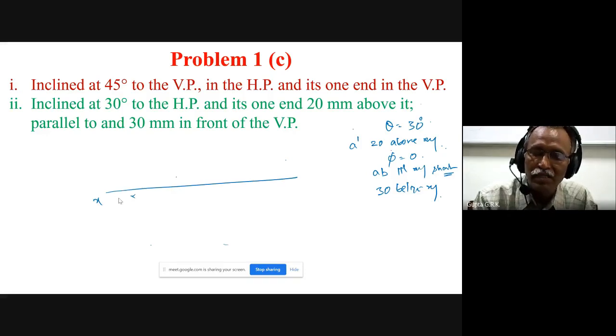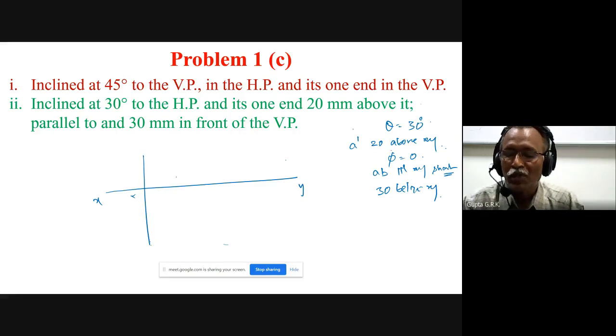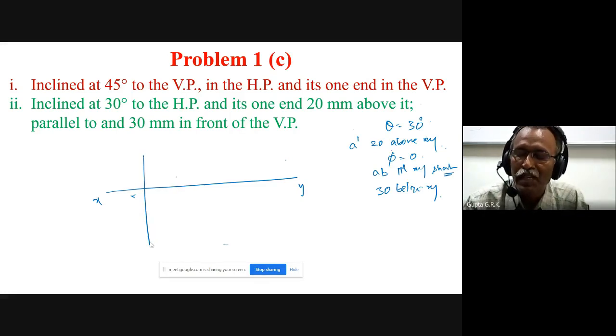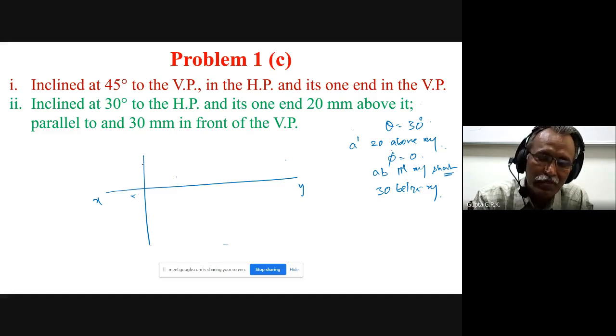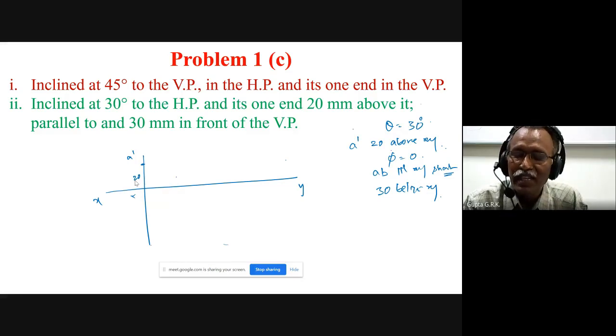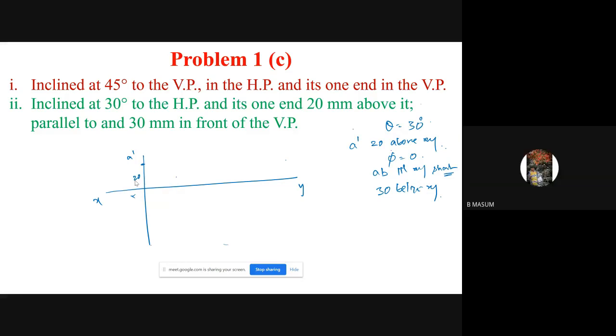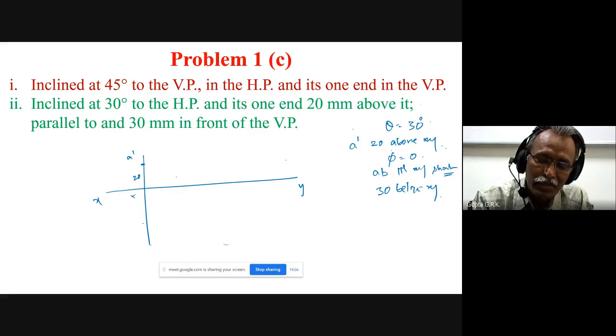So I draw XY, and first I draw a projector. So what can I show here? A and A dash. A dash is 20 above XY. Okay, this is A dash. This is 20. And where is A? 30 below XY. Okay.